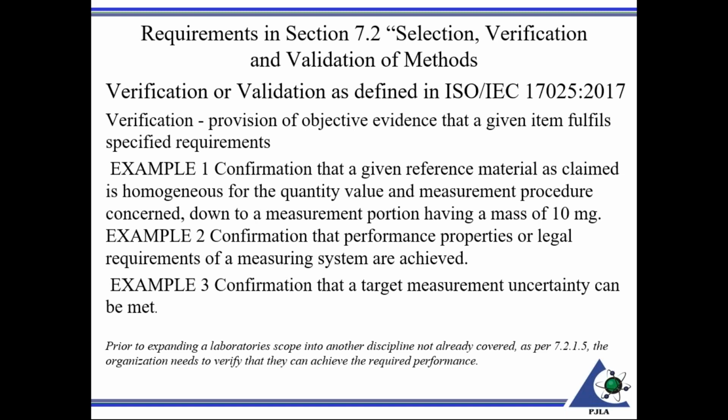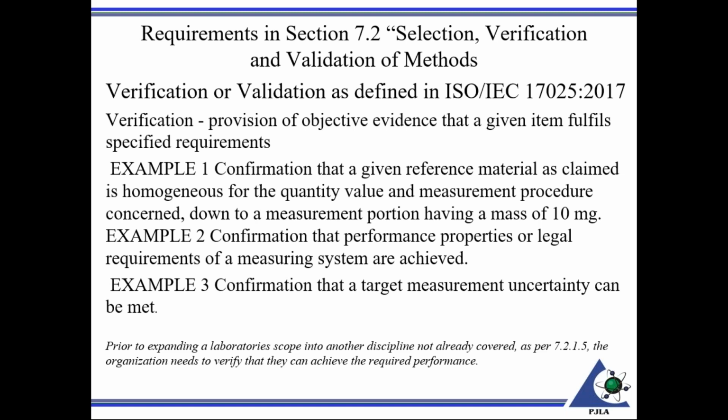The standard then gives us three examples. Example 1, confirmation that a given reference material as claimed is homogeneous for the quantity, value, and measurement procedure concerned, down to a measurement portion having a mass of 10 milligrams. Example 2, confirmation that performance properties or legal requirements of a measuring system are achieved. And example 3, confirmation that a target measurement uncertainty can be met.